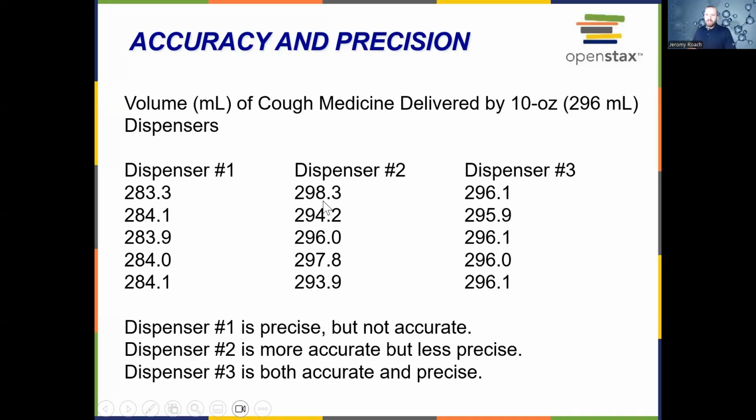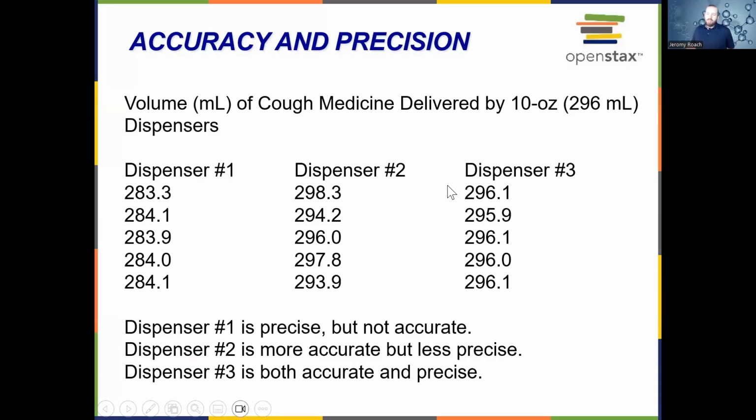This one's 298 and this one's 293. So there are some differences between these. But we are getting a little bit closer to the 296 because we're in the 290s region.